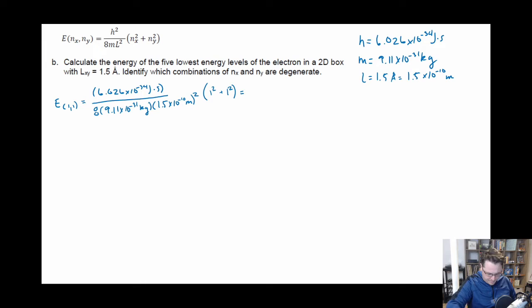We take all of that and plug it into our calculators. So we have 6.026 times 10 to the negative 34 divided by 8 times 9.11 times 10 to the negative 31 times 1.5 times 10 to the negative 10. And then we multiply all of that by, oh, I forgot the squared.